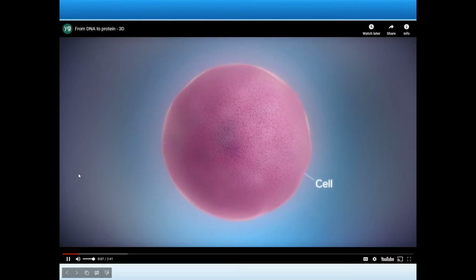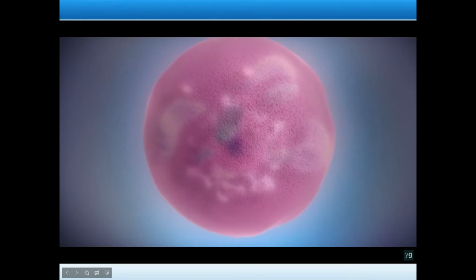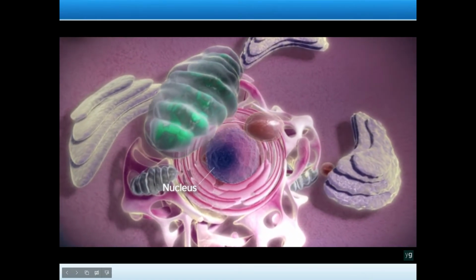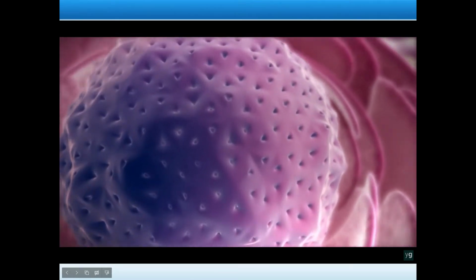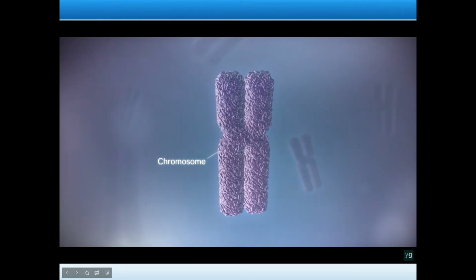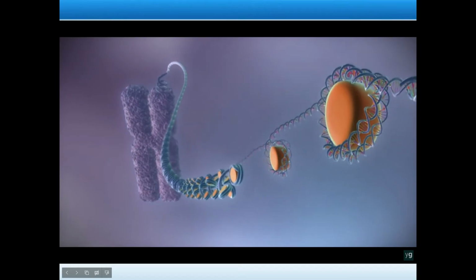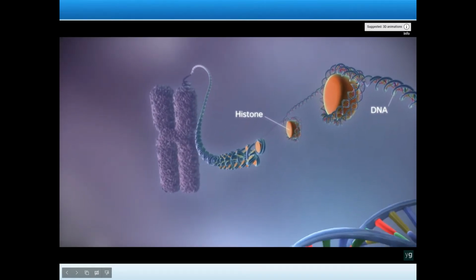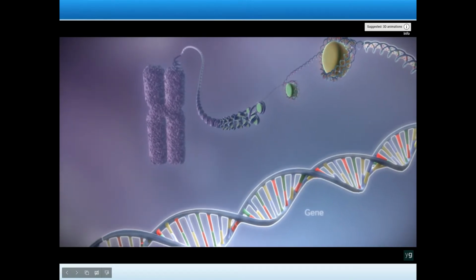Here is a cell, the basic unit of all living tissue. In most human cells, there is a structure called the nucleus. The nucleus contains the genome. In humans, the genome is split between 23 pairs of chromosomes. Each chromosome contains a long strand of DNA, tightly packaged around proteins called histones. Within the DNA are sections called genes.